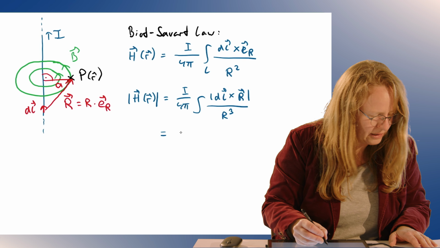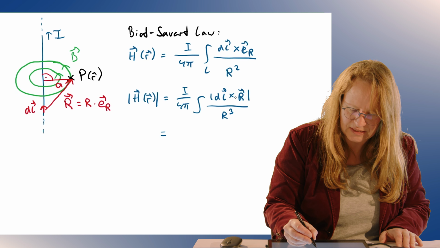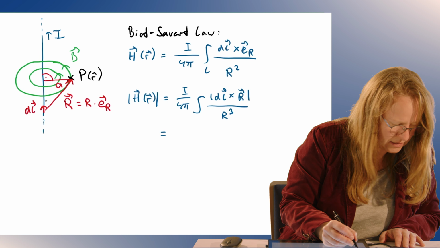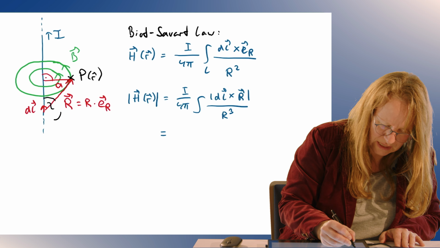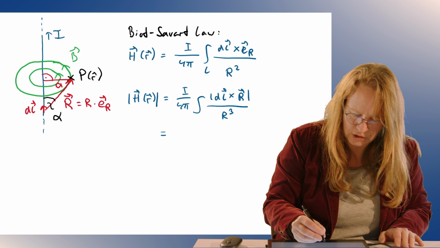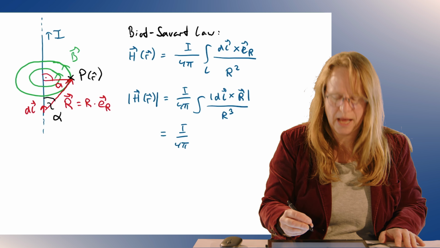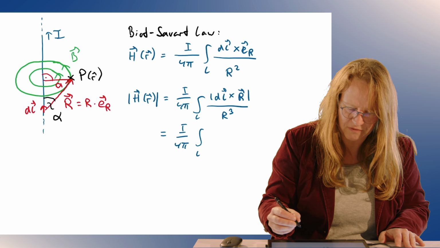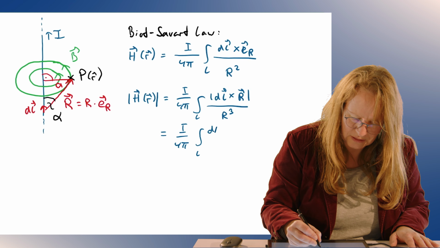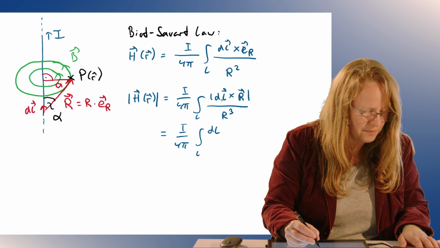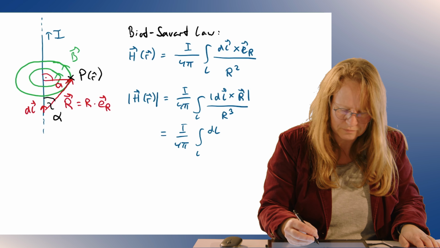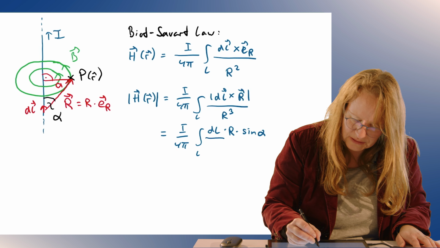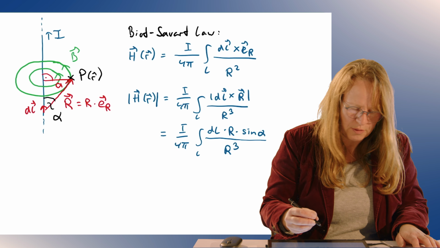Okay, so if we calculate this, then it means we have to take the sine of the angle between the element dl and R. So here this is the sine alpha, and our integral is then given by I over 4 pi, integral over the length of the wire L, and this is then the length of the element dl times the length of the element R times the sine of the angle between the two, divided by R to the third power.